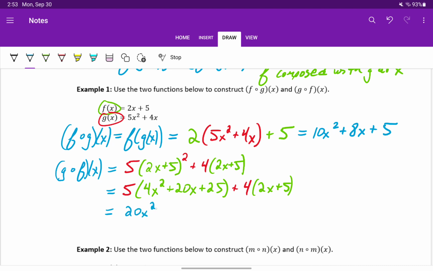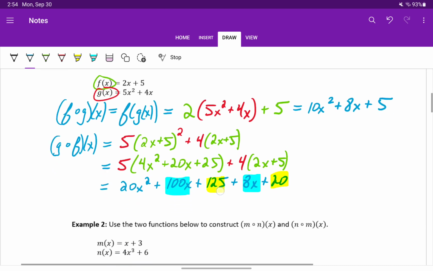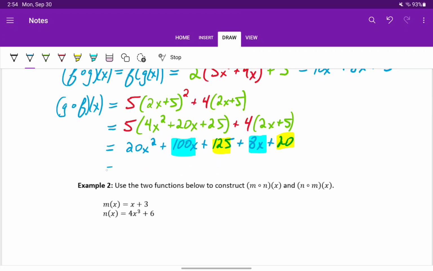This will give us 20x squared plus 100x plus 125 plus 8x plus 20. And then we have like terms, the two constant terms and the two x terms, that we can add together to get a final composite function of 20x squared plus 108x plus 145.